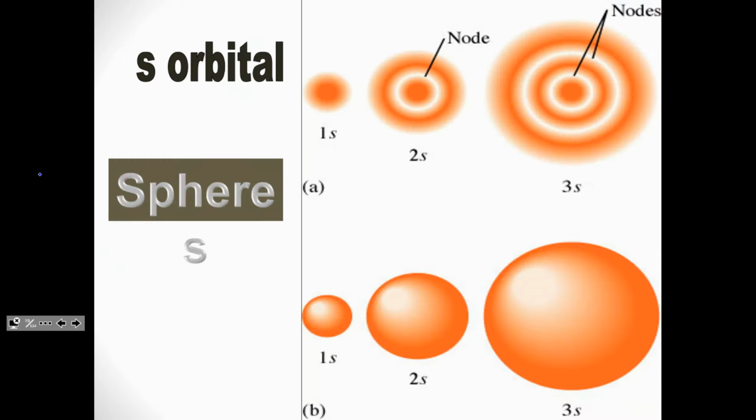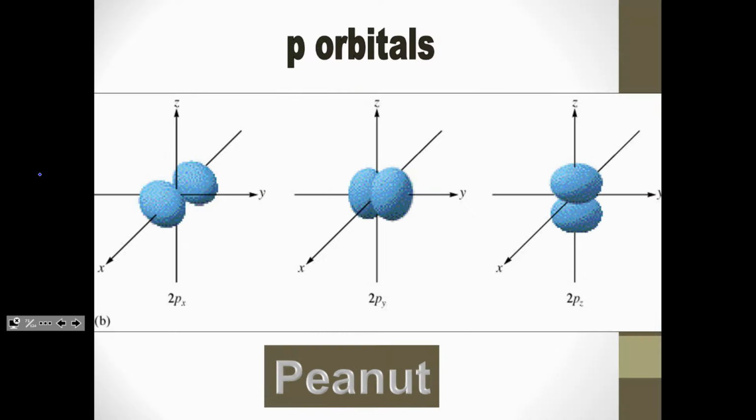This is not in your notes, but just some extra information here. We have the first quantum number, and then we have our l, our second quantum number. 1s, 2s, 3s. It gets larger as we increase in energy level, but the shape remains the same.